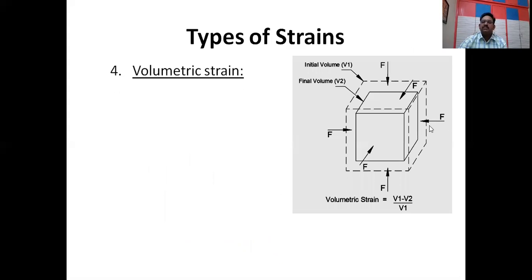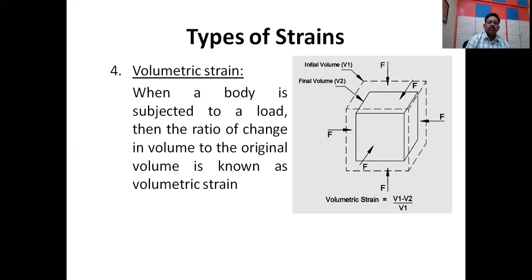For example, take this figure. The initial volume is V1, the dashed one is the original volume. When it is subjected to a load, for example, this block is subjected to the same load F from all directions, on all its faces, and suppose that it is compressed to some final volume.